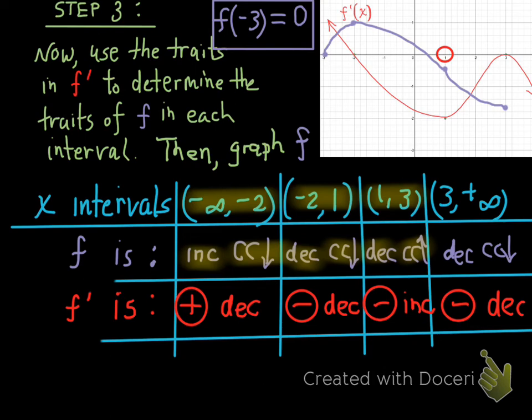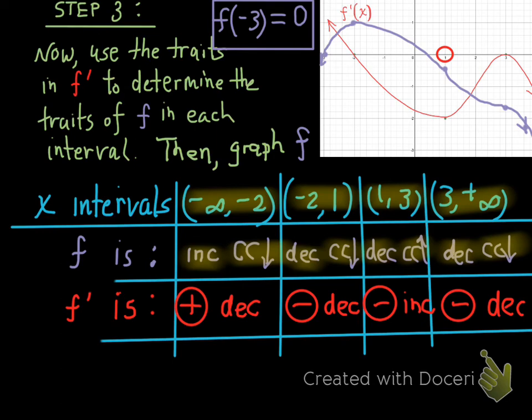Lastly, from 3 to +infinity, I've got to be decreasing, so I'm going to plot a point that's slightly below. And I've got to be concave down, so I'm going to attach my curve with a small arc that is concave down. And I've got arrows on each end. Since my original curve's got arrows left and arrows right, my purple curve's got arrows left and arrows right. But this is the way the curve should look when the dust clears.